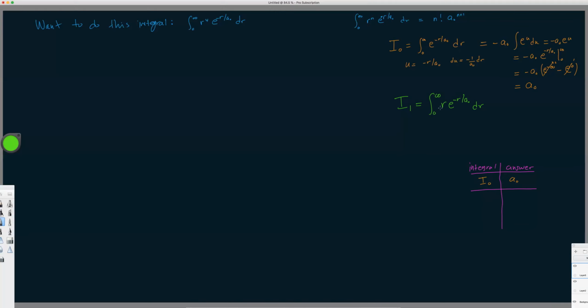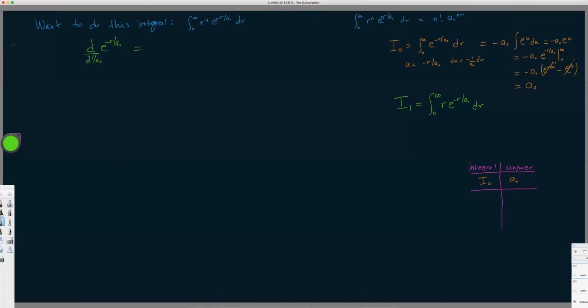Now here's where the trick comes in. We're going to take the derivative of this function, so d with respect to 1 over a naught of e to the minus r over a naught. Remember, this is with respect to 1 over a naught. If this is confusing, think of 1 over a naught as b.